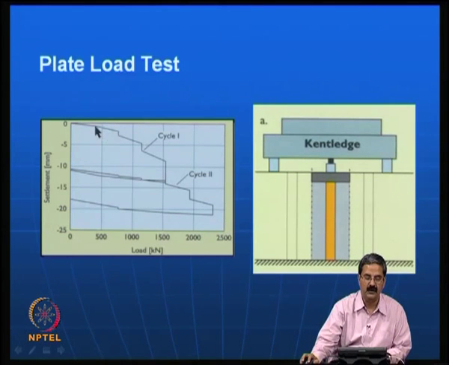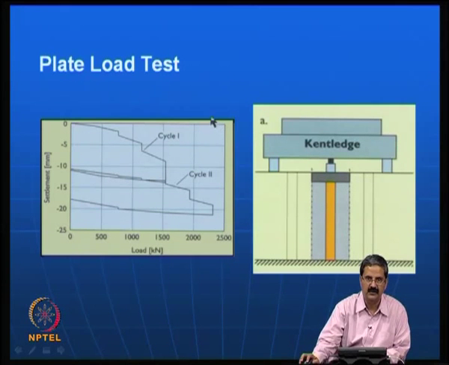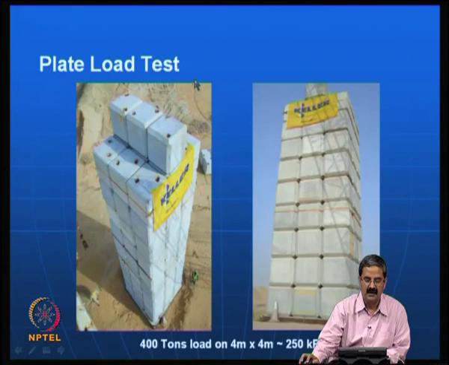And this is a typical load displacement curve, like settlement versus load. This is what I was just mentioning, and first cycle, then load and unload, again second cycle. So, you must be able to understand what is a typical load displacement curve using a plate load test. And see, we are used to, like I showed you, that Kentledge arrangement.